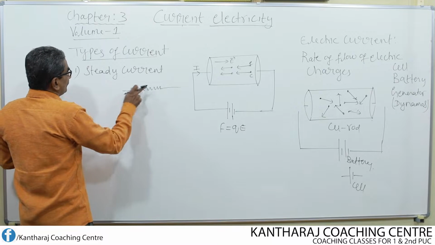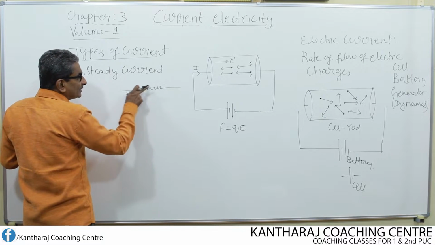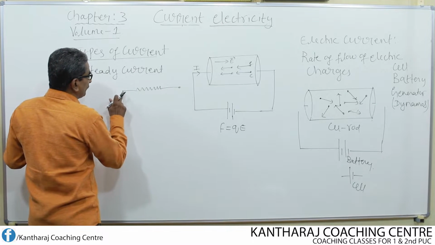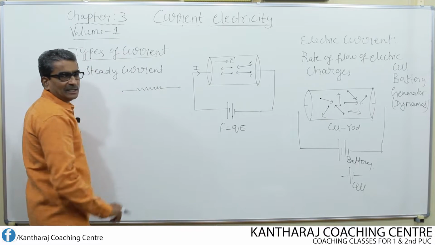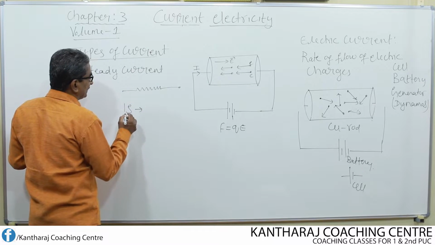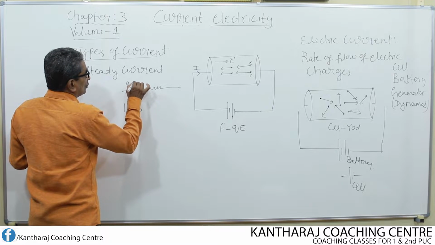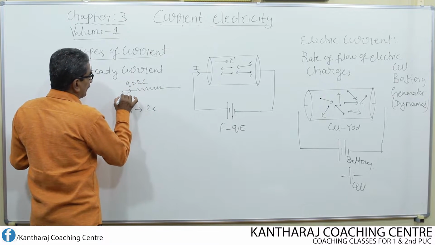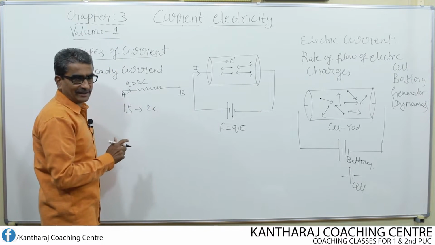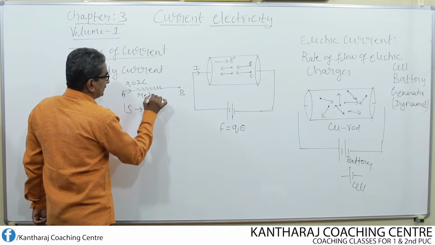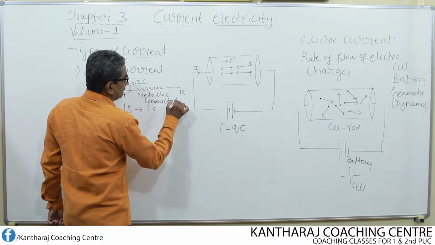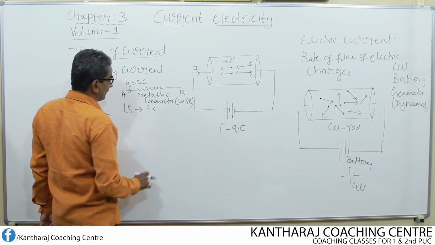Now, through this wire, suppose every second from one end of the wire to the other end of the wire, say for example in the first second, 2 coulombs of charge flow from end A to end B of the metallic conductor or wire I consider.